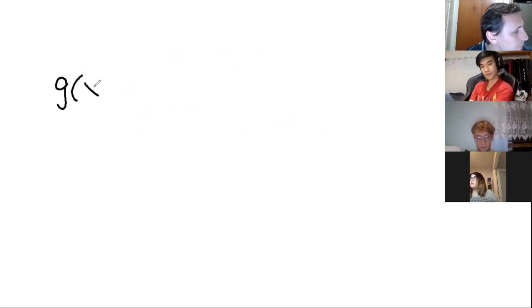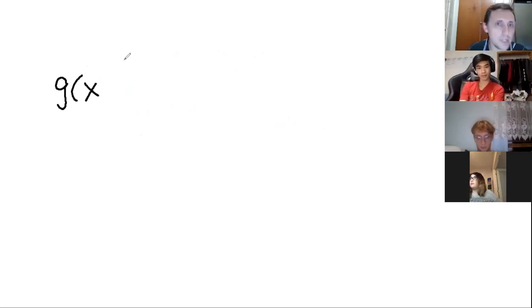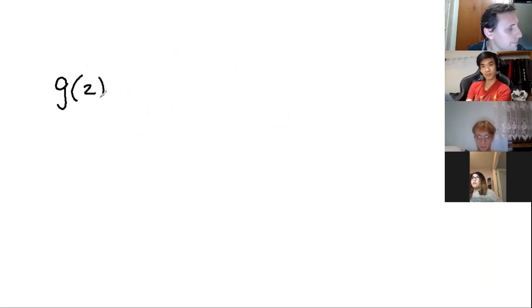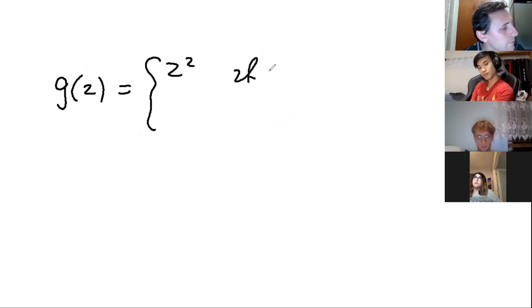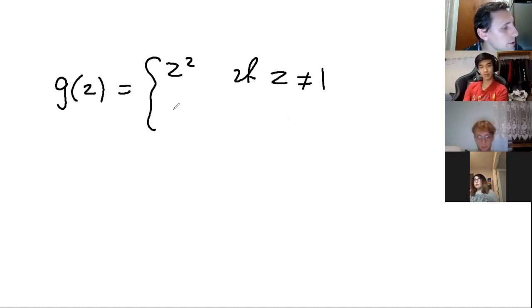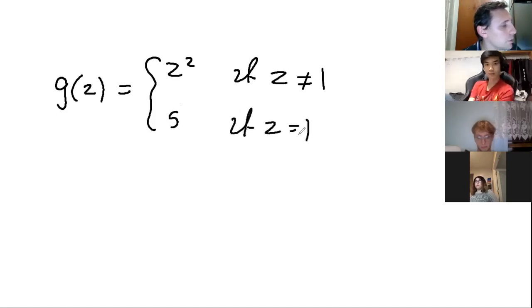We have g of z equal to z squared if z is not equal to 1, and it is equal to 5 if z is equal to 1. So then the x that I will select is x equal to 1 here.